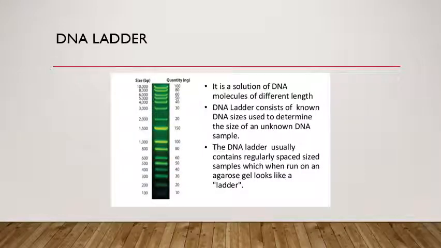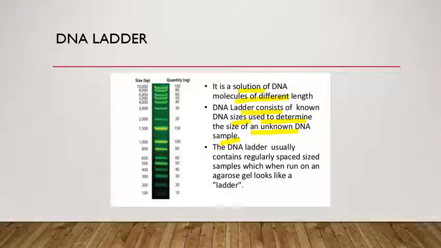Here you can see the DNA ladder. It is a solution of DNA molecules of different lengths, and this is how you are able to see the bands under the dye. The DNA ladder consists of known DNA sizes used to determine the size of unknown DNA.